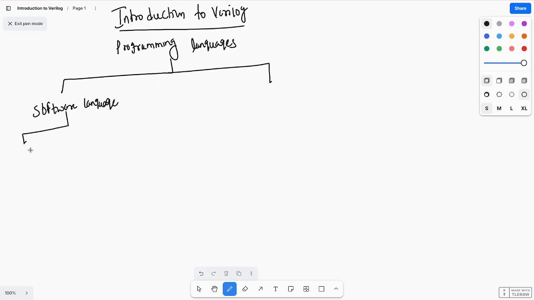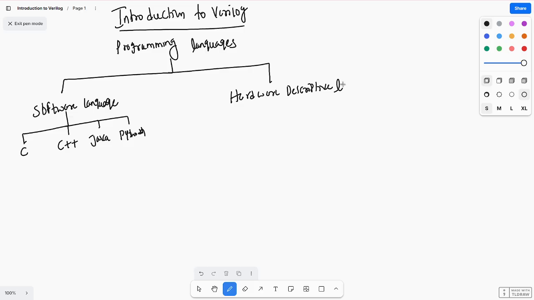C, C++, Java, Python, .NET. All are the software languages. And next you have hardware descriptive language.